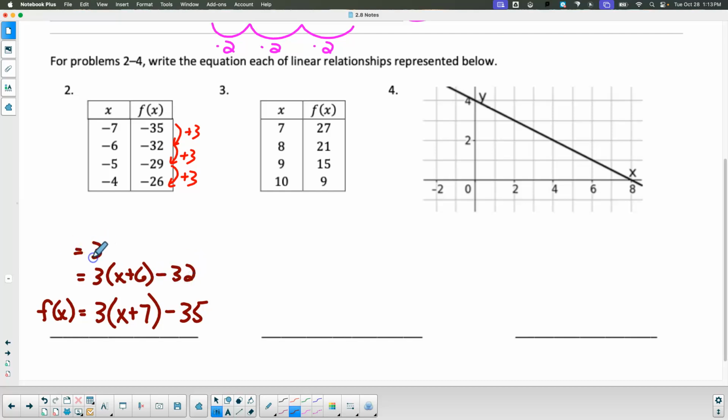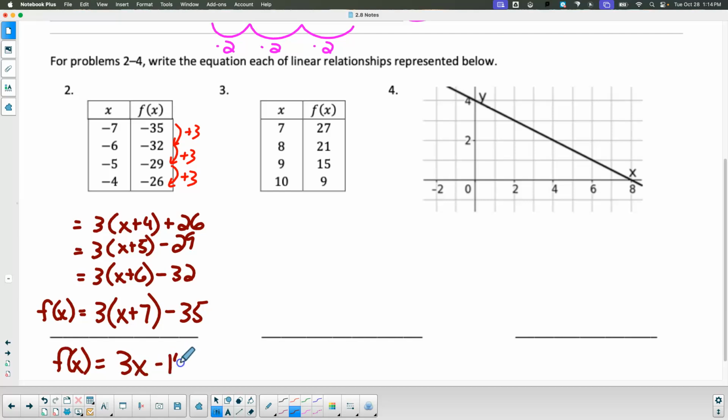Or 3 times, I put negative 5 in the wrong spot, 3 times x plus 5, then minus 29. Or 3 times x plus 4, then plus 26, and so on and so forth. Or, simply put, 3x minus 14. All of those simplify to be 3x minus 14.